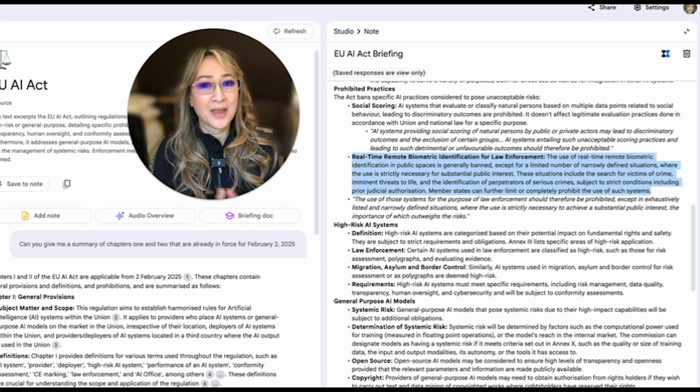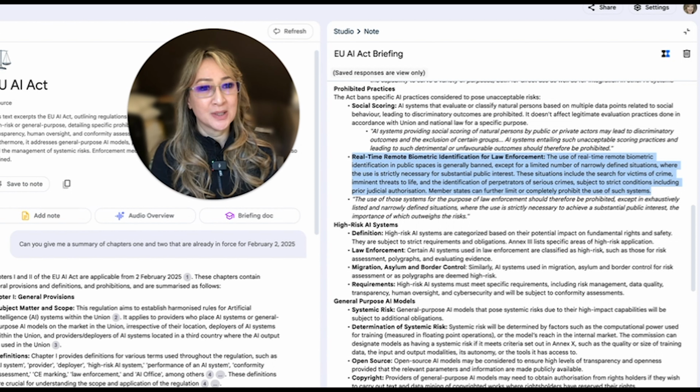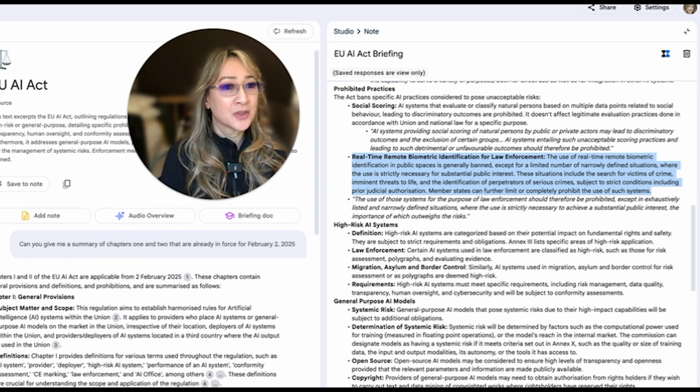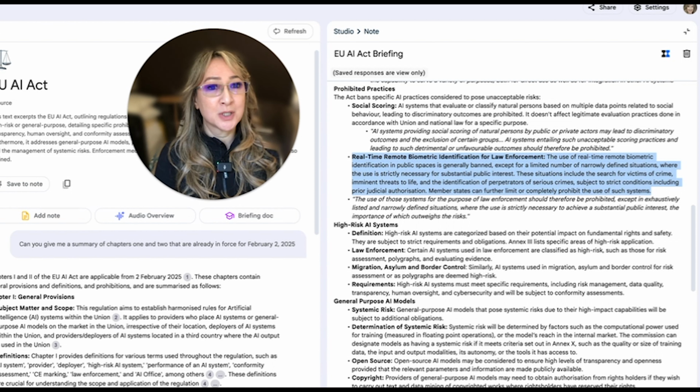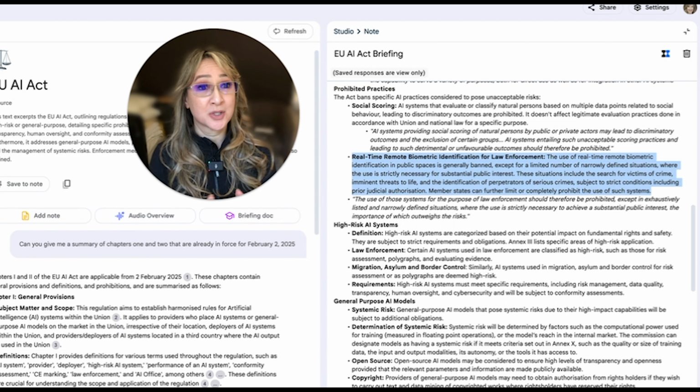And this is another ban that has been outlined by the Act: real-time remote biometric identification for law enforcement. I think that's pretty important. The use of real-time remote biometric identification in public areas is generally banned, except for a limited number of narrowly defined situations where the use is strictly necessary for substantial public interest.